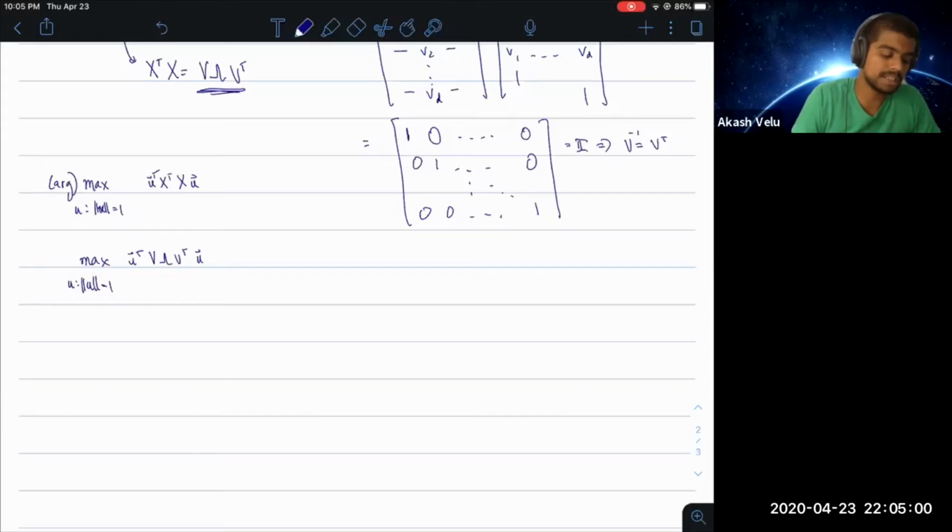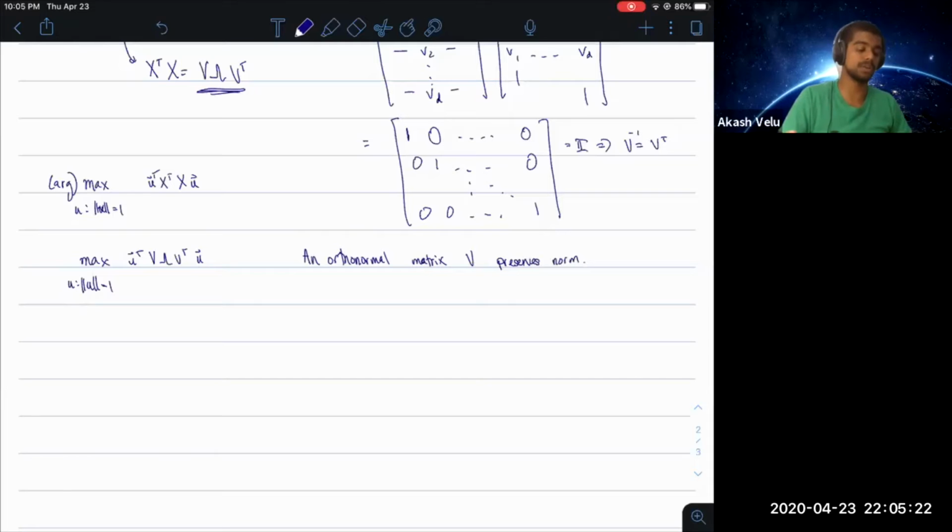So let's talk about this last property, which is the fact that an orthonormal matrix V preserves norm. Okay, so what do I mean by preserves norm?